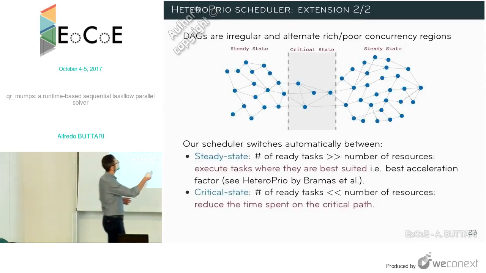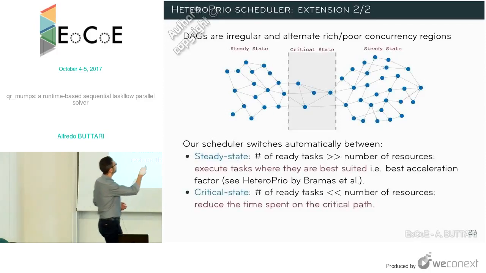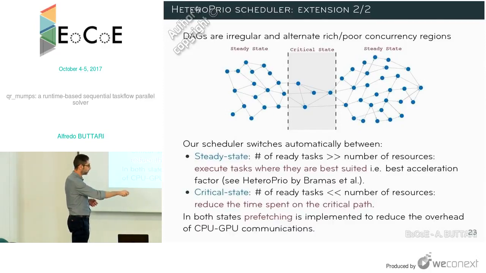In the critical state instead, we don't care about the best matching between task and units, but all that we want to do is go as fast as possible through the critical state. So we want to go as fast as possible from here to here. So what we basically do is we give higher priority to the tasks which lie along the critical path. In both cases, we can do prefetching.